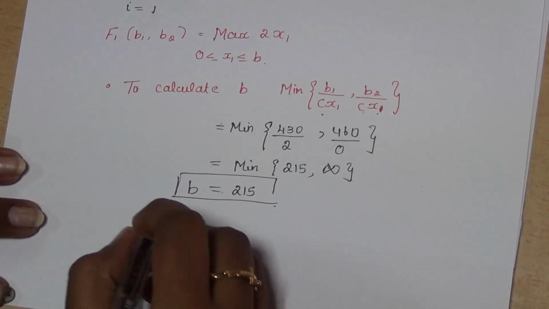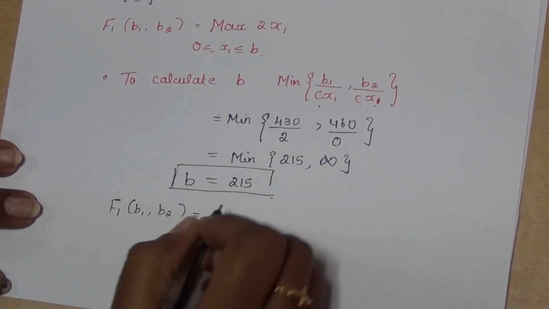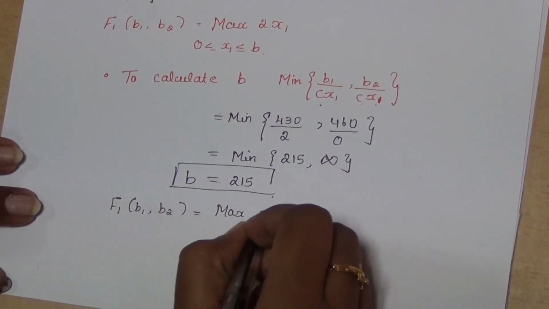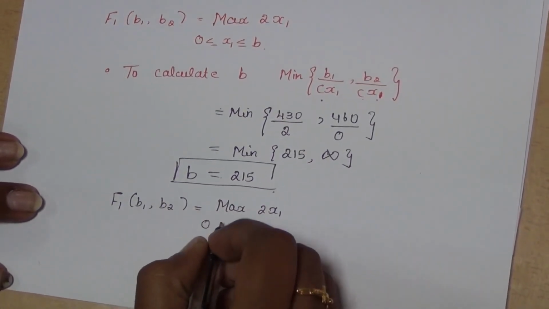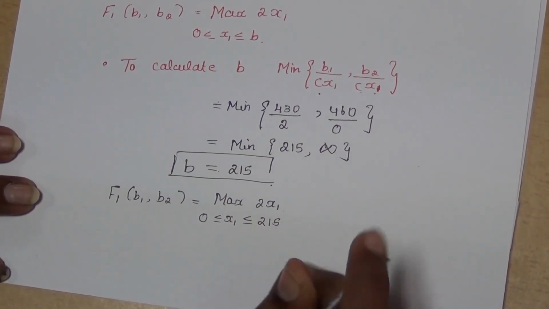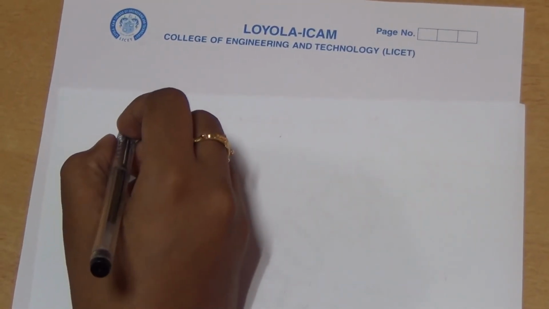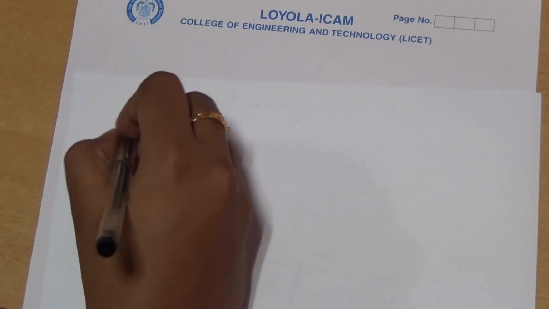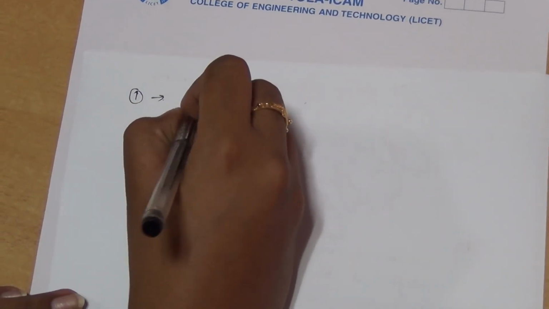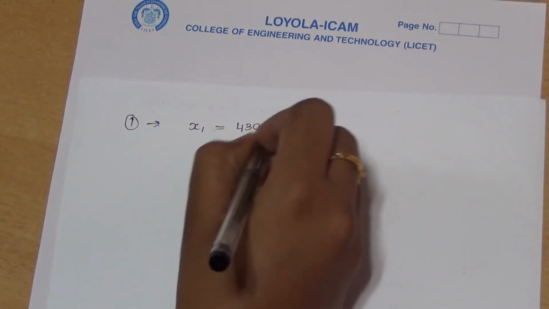We substitute this b in the function. f1 of b1, b2 is equal to max of 2x1, where the limits vary between 0 and 215 for x1. Now we have to find the value of x1. To find the value of x1, we have to find it from the constraints. First, from the first constraint, the value of x1 is x1 equals 430 minus x2 by 2.